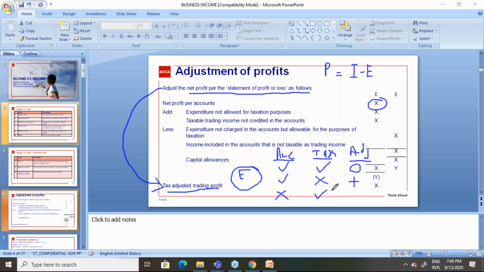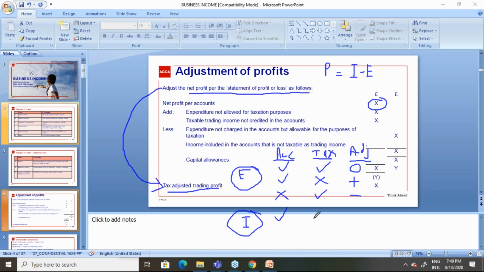So capital allowances you have not deducted when calculating the accounting profit, but in taxation it's permitted, therefore you can deduct it. So this is how you can adjust expenditure when converting your accounting profit into tax-adjusted trading profit. Likewise, you can do a similar thing when you're adjusting income.